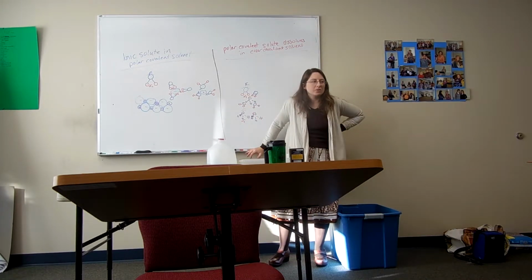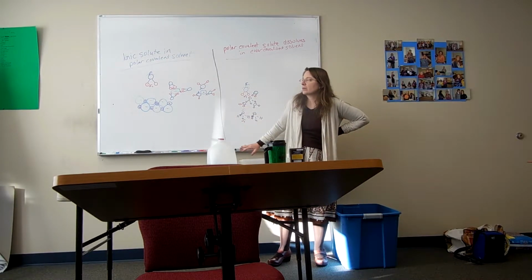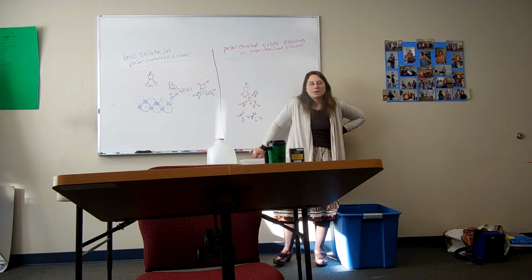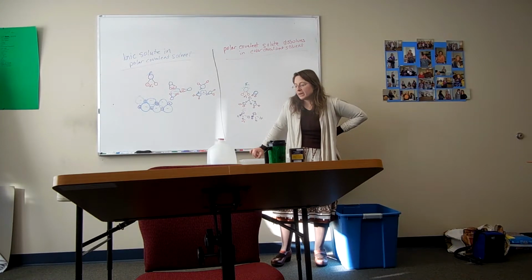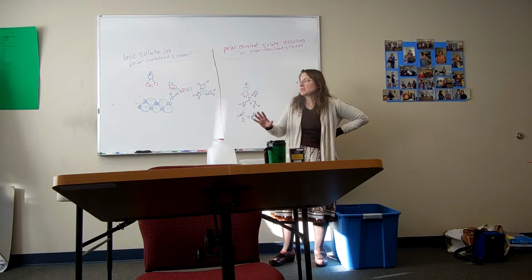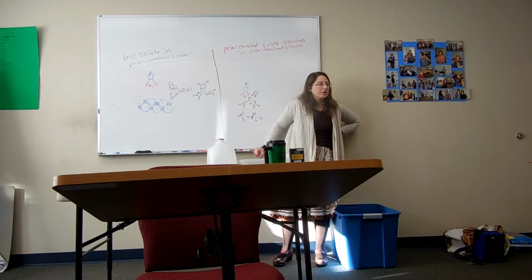What else could you do to increase the number of interactions between the solvent and the solute besides heating? Put more solvent in. Okay, so yes, that might increase. It might actually not, too. Heating is the best way, absolutely, to do it. Okay, so you're dissolving sugar in your iced tea.